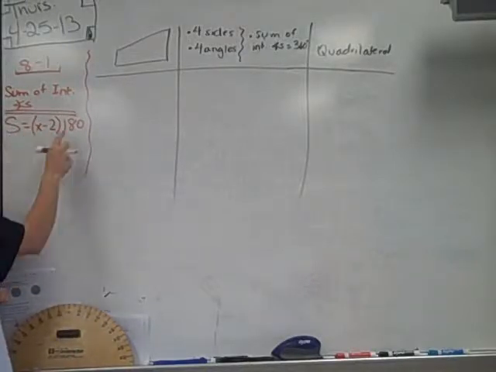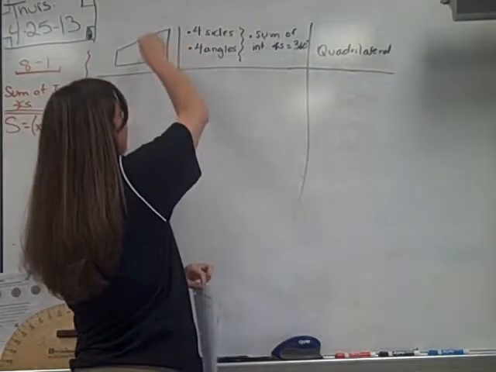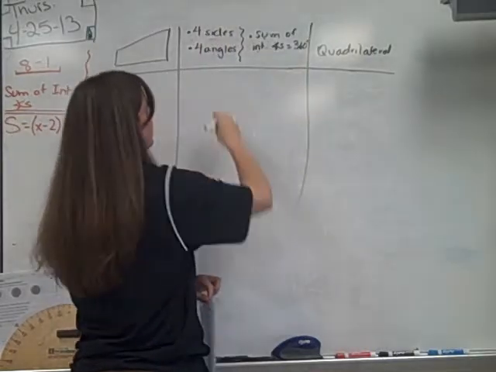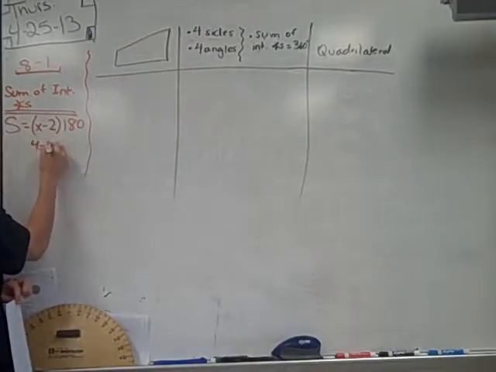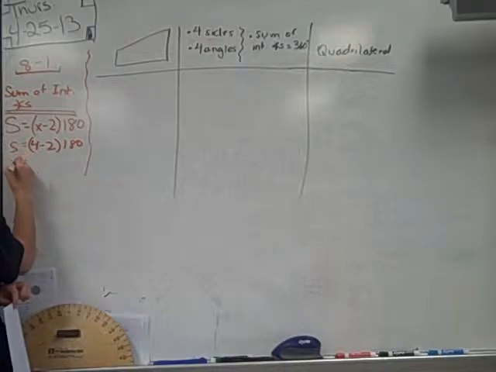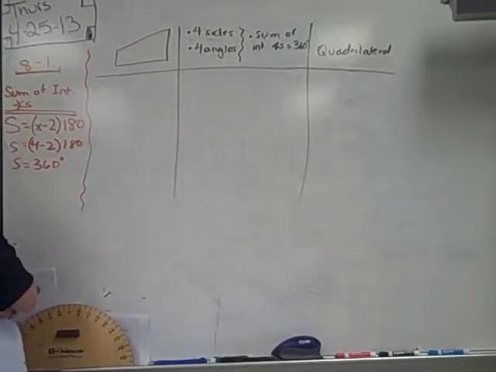Number of sides minus 2, multiply it by 180. So I've got 4 sides here. To get the sum of the interior angles, 4 minus 2 is 2, and then 2 times 180 is 360. That's how you get that sum of the interior angles is 360.